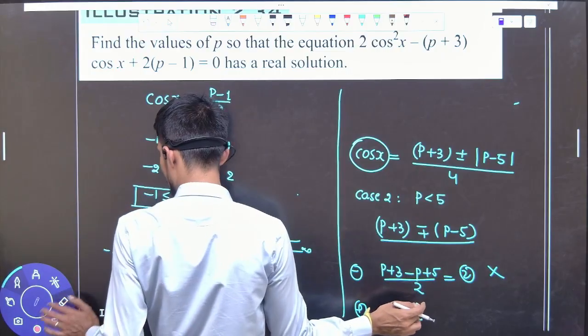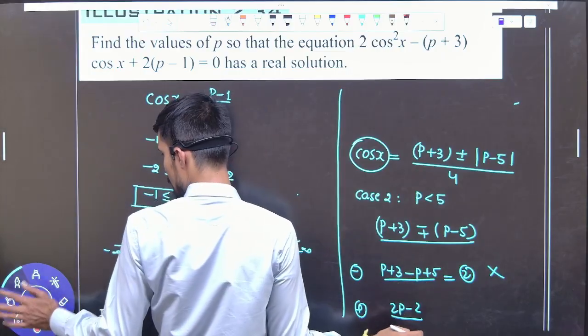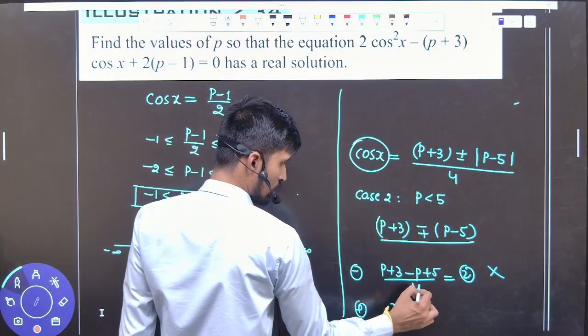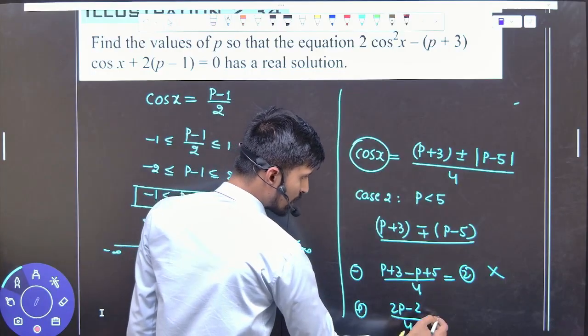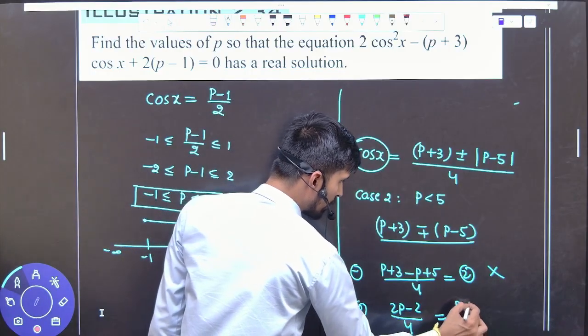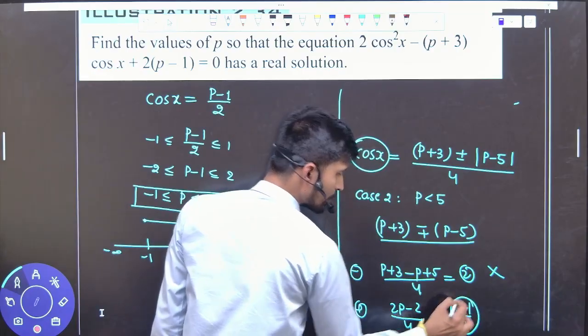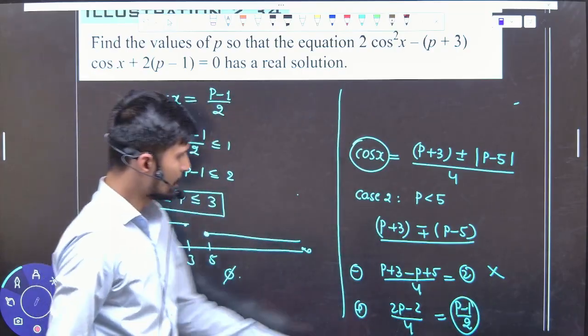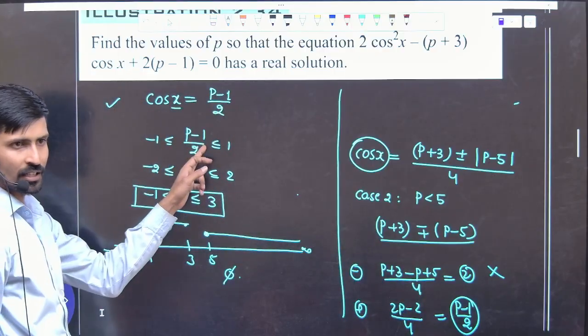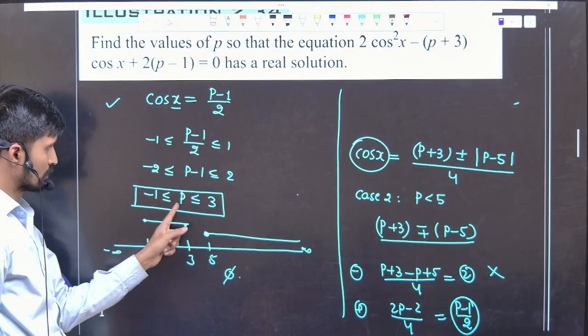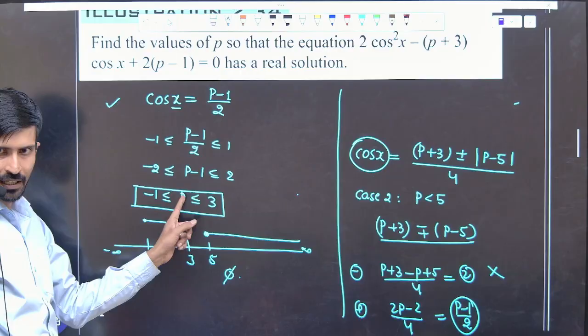Here this will be 4, not 2. So 2p minus 2 by 4, and this will give p minus 1 by 2. It means again we'll get the same step. Cos x value is p minus 1 by 2. P again will be minus 1 to 3.